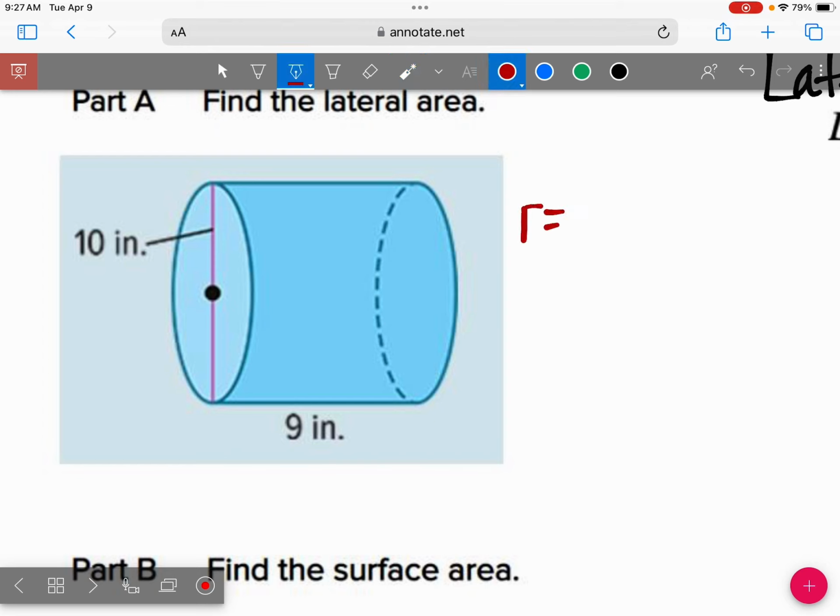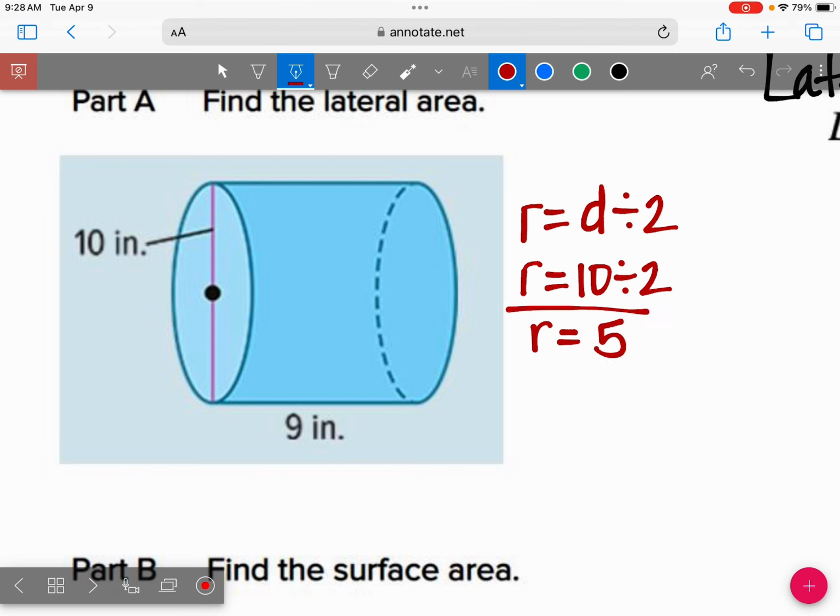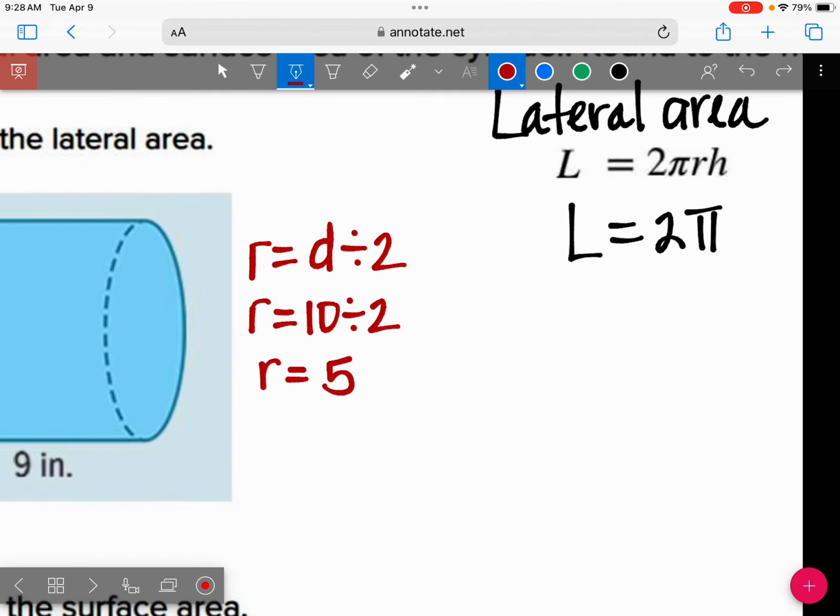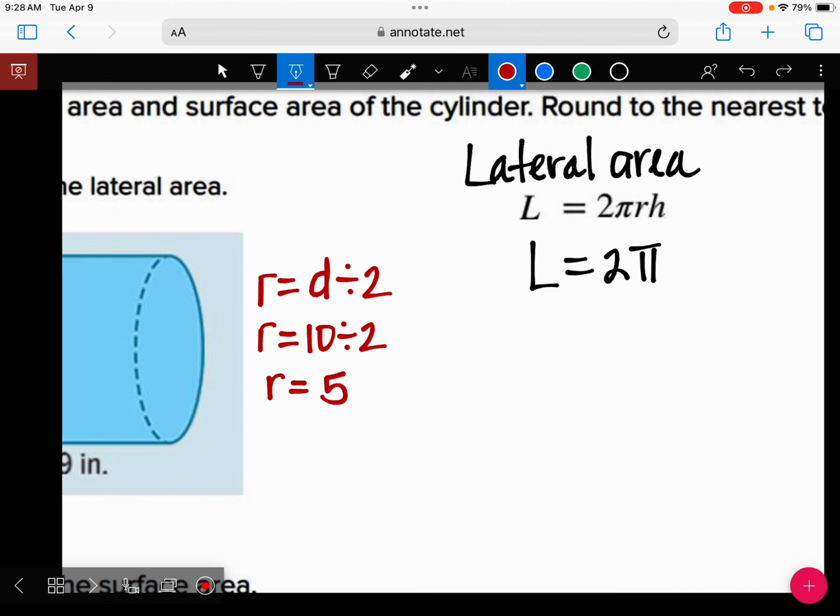So to find the radius, you have to take the diameter divided by 2. So radius equals 10 divided by 2, which is 5. That is what you're going to use in our formula. You're going to use the 5, not the 10. All right, so go ahead and type this in your calculator.